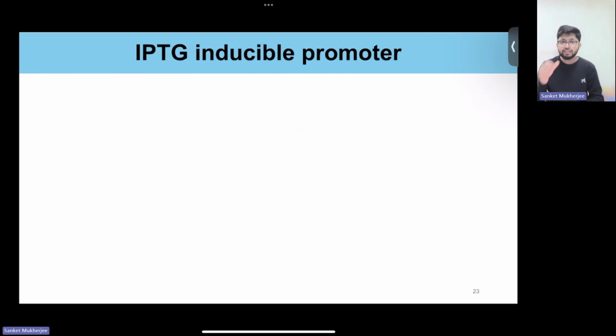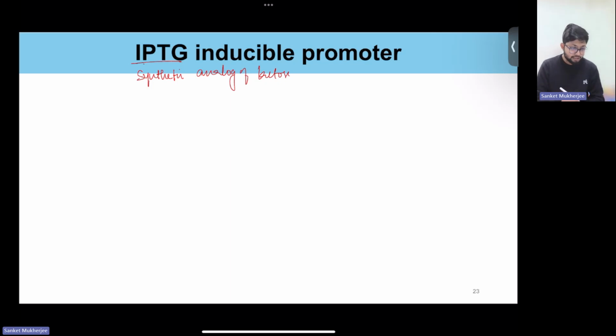An IPTG inducible promoter is a promoter which can be induced in the presence of IPTG. There are a number of promoters which are designed for overexpression only when IPTG is given. As we already know, IPTG is a synthetic analog of lactose, and it can essentially control the lac operon.